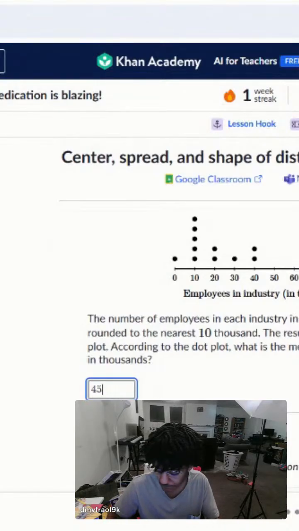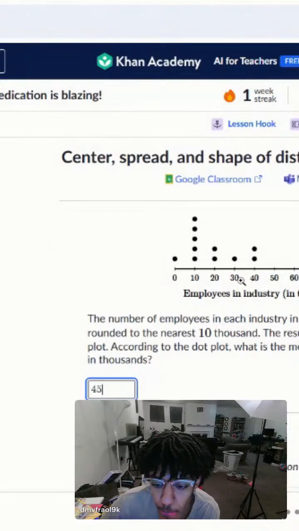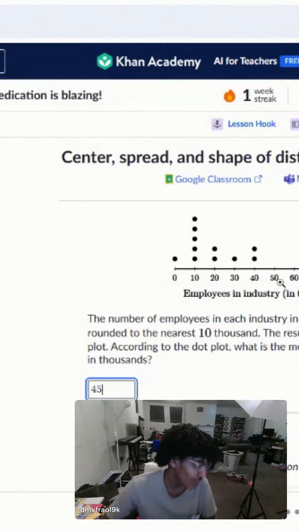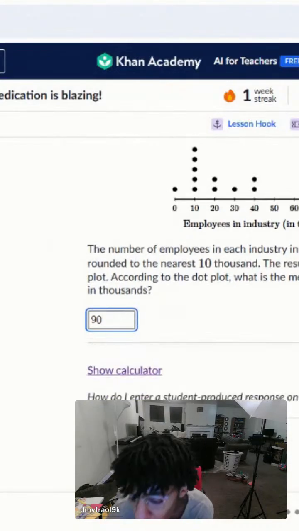Is it 45? Is it 40 plus 50? No, not 90. Then what is it then?